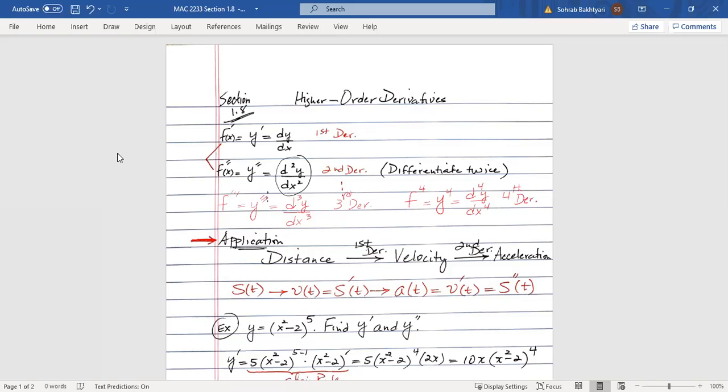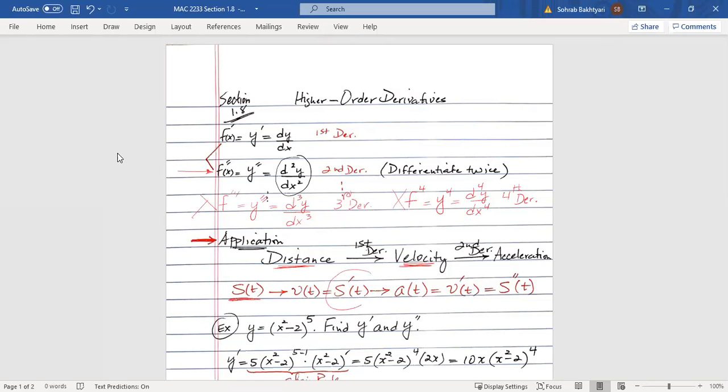Okay, so what we're going to do here is we'll do the second derivatives. We won't do the third, we won't do the fourth. We'll just stick with the first and the second derivative. One of the applications that you would see with the higher order derivatives is that you will be given the distance formula. They'll ask you to find the velocity.